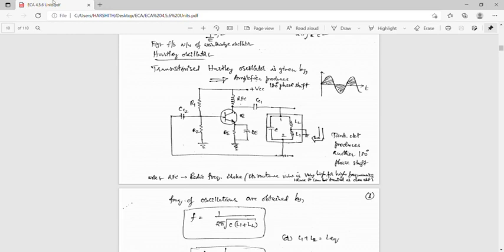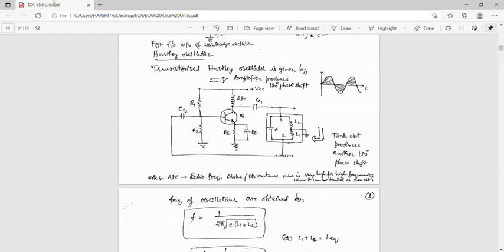In the RC phase shift oscillator, the frequency of oscillations is F equal to 1 by 2 pi RC square root of 6. In the Wien-Bridge oscillator, the frequency of oscillations is F equal to 1 by 2 pi RC.